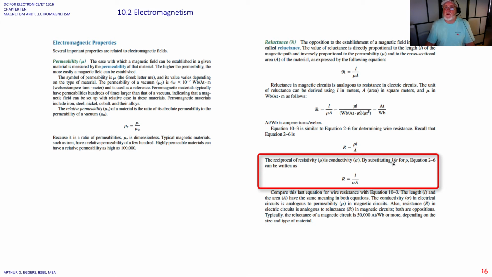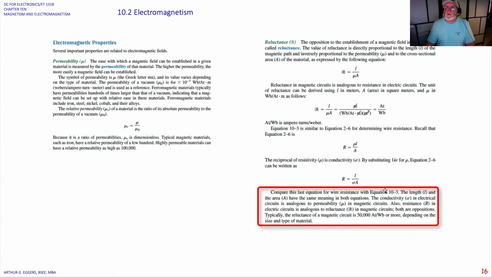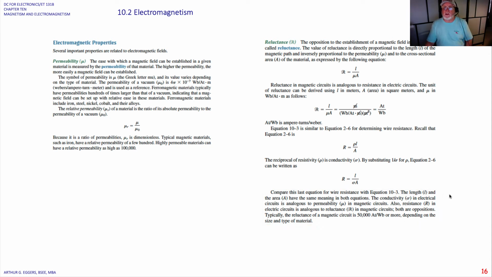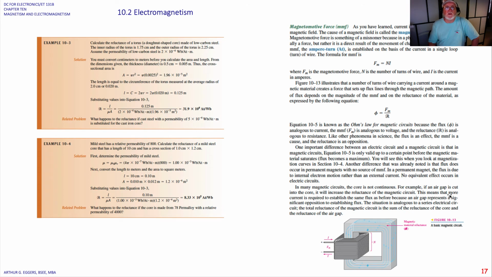By substituting 1 over sigma for rho, the equation can be written as the resistance is equal to L by sigma A. Compare this last equation for wire resistance with that of equation 10.3. So there's our relationship. You get the idea here. We're establishing relationships associated with magnetism or electromagnetism with that of electric circuits.